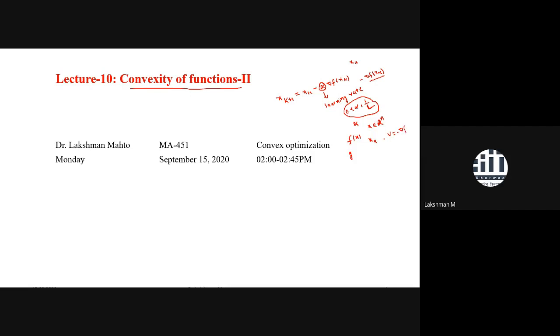So two things you already have: a current point and a direction. You need to find an adaptive learning rate. How can you find it? You will define a function of one variable, alpha. I told you that alpha is a learning rate, or a step size. So definitely alpha would always be a scalar.